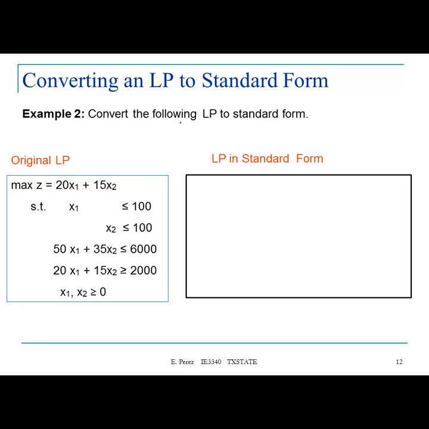So here we have a combination. We have less than or equal constraints, and we have greater or equal constraints.